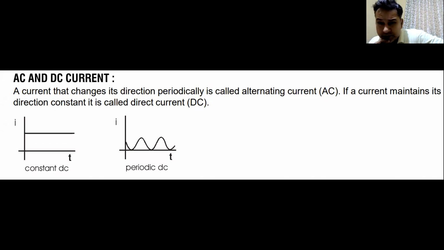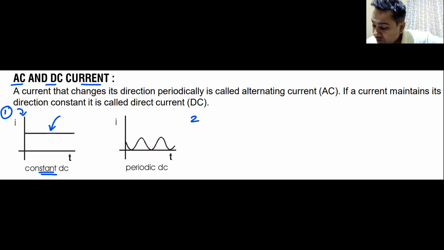If you want to understand the difference between AC current and DC current, now in the first case, number 1, what do you see? This current is remaining constant with time. Yes or no? Yes, sir. This type of current or voltage will be known as DC current or DC voltage. Do we understand this? Yes, sir.